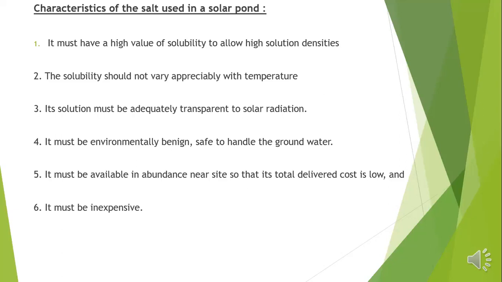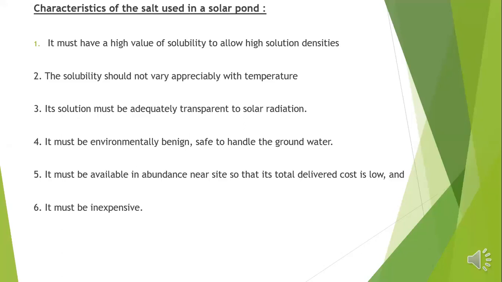And the stability of the non-convective layer in the presence of a temperature gradient can be maintained by creating sufficiently steep salt concentration gradients. In order to generate the initial salt concentration gradient required, we have to prevent convection.